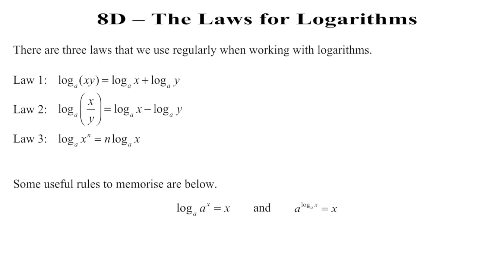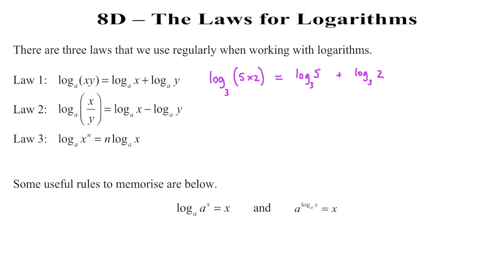So for example, if I had log to base 3 of 5 times 2, that's the same answer as the log to base 3 of 5 plus the log to base 3 of 2. And I'm not going to do the proof behind it, but you think about going back to your laws of indices. Remember what happens when you're multiplying indices? When you're multiplying, you add the powers.